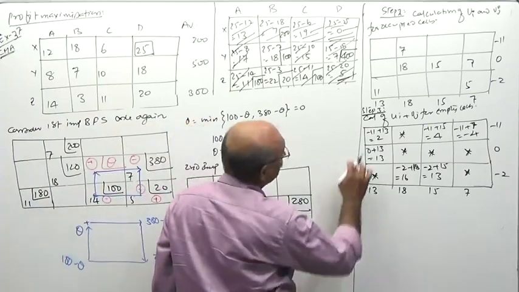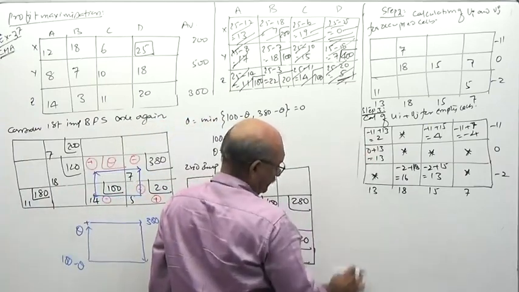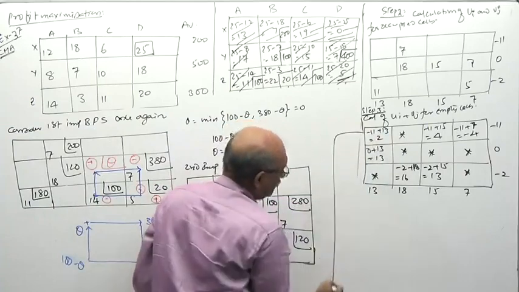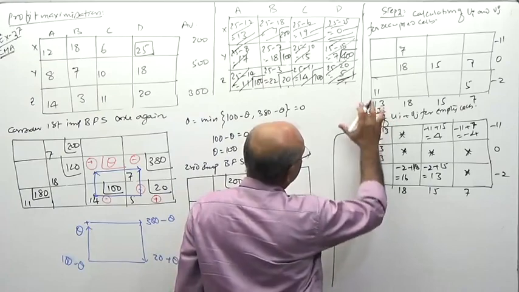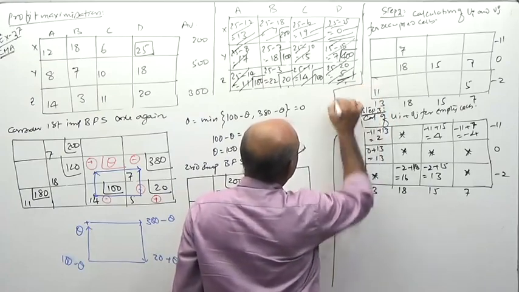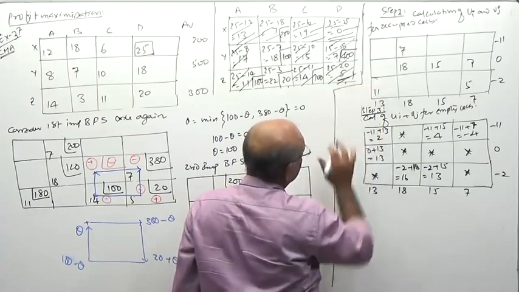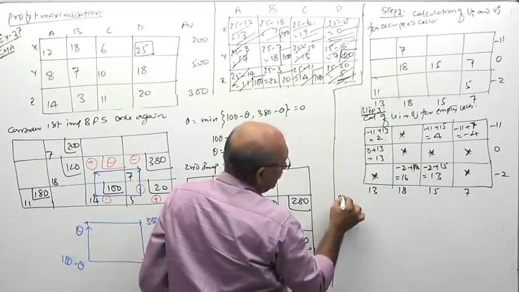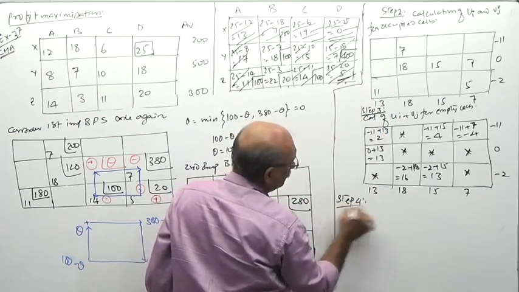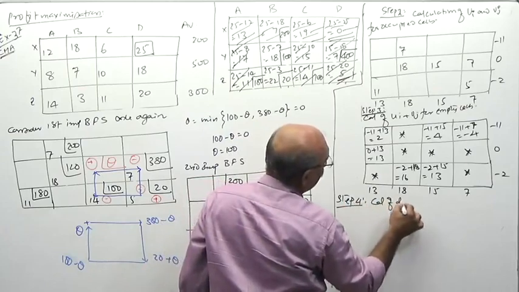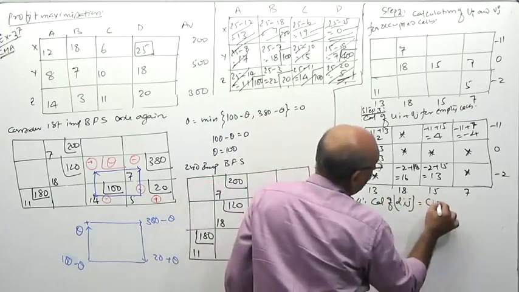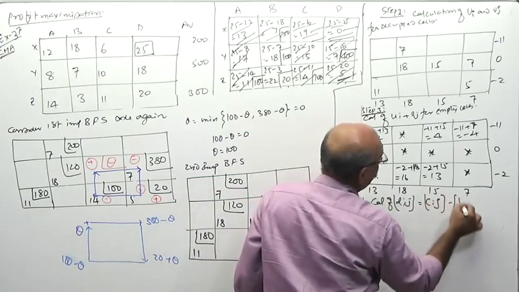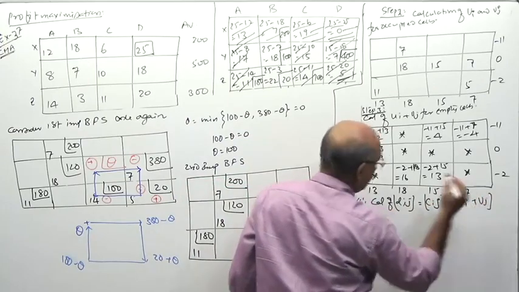Final step, sir. Step 4. Calculation of the Dij matrix. This is equal to the Cij matrix minus Ui plus Vj.